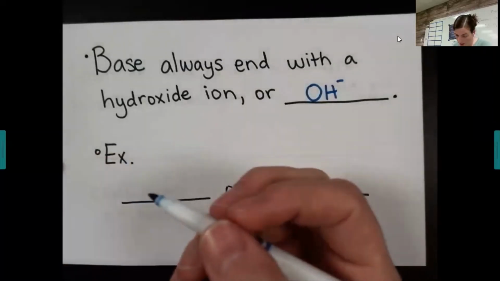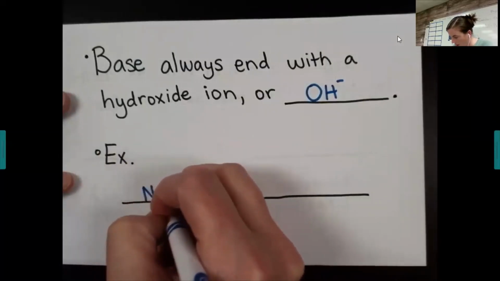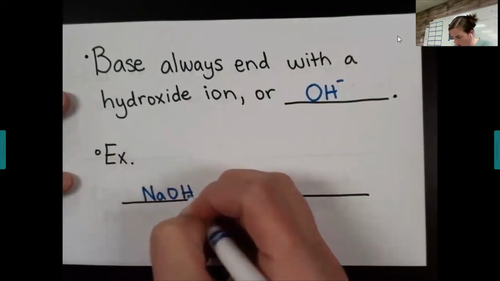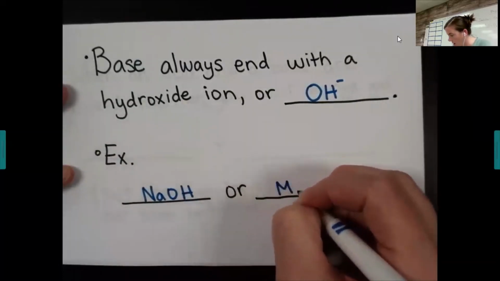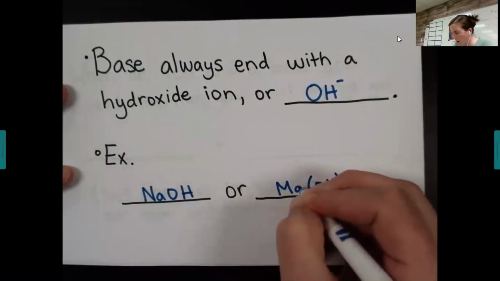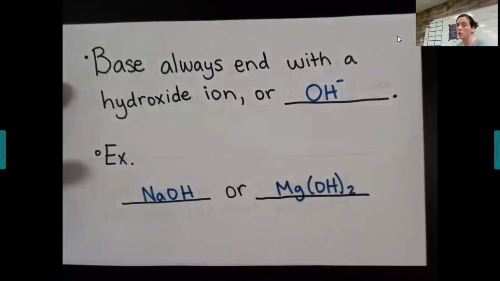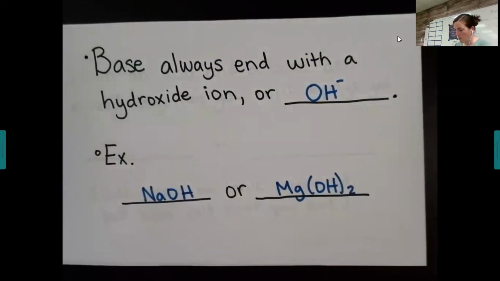Examples of that would be sodium hydroxide, or you could have magnesium hydroxide. Magnesium has a charge of 2, that's why there's a 2 outside of this. But anytime you see the OH together at the end, you're dealing with a base.